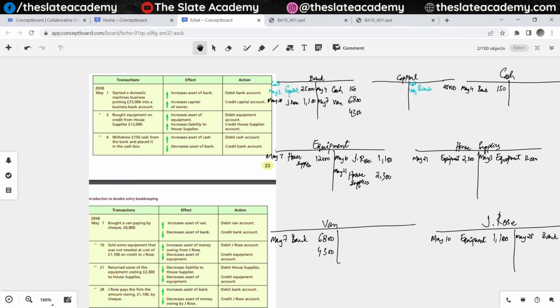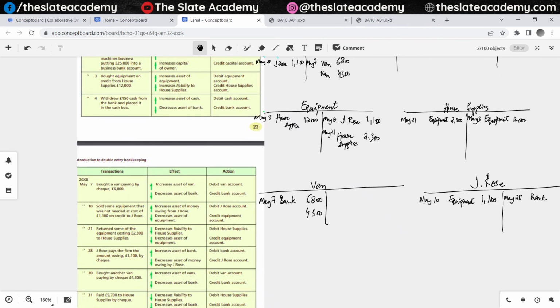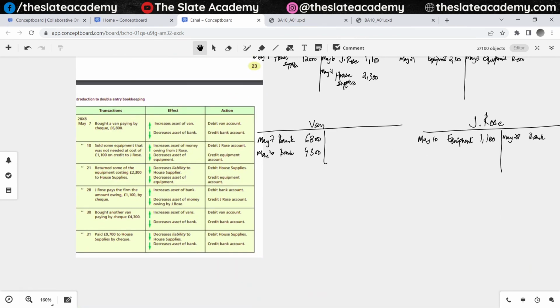For bank we will write the date, May 30. And in van account we will write bank, date is May 30th.